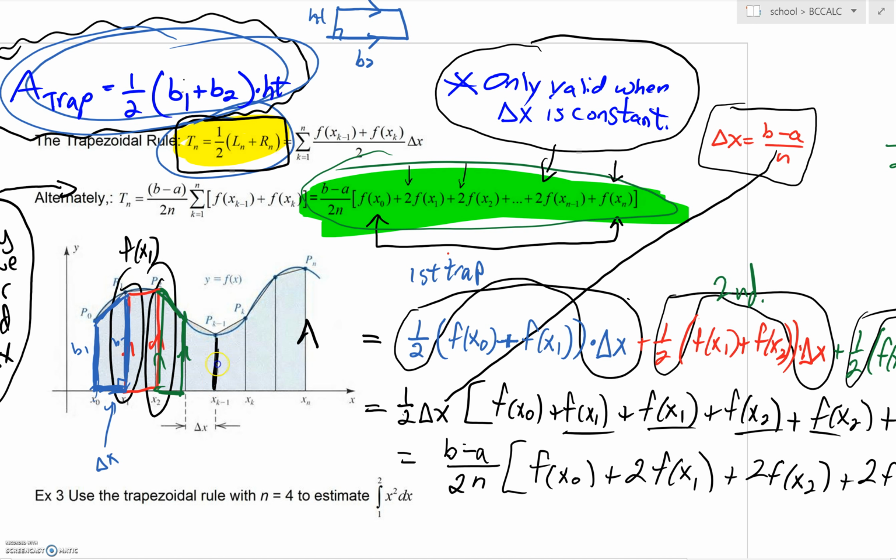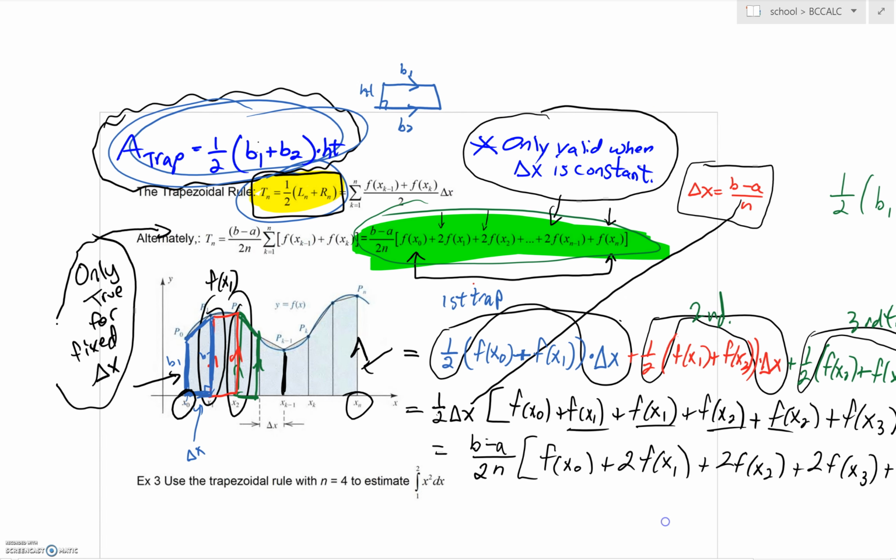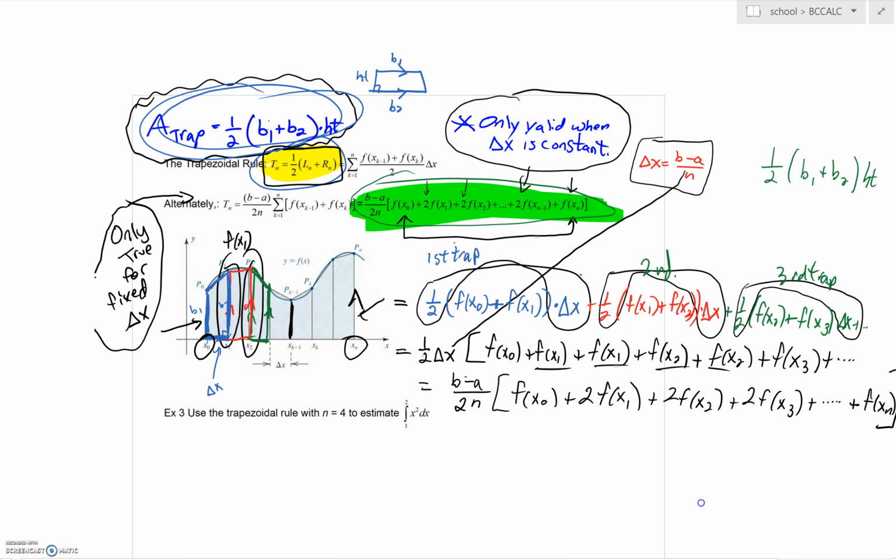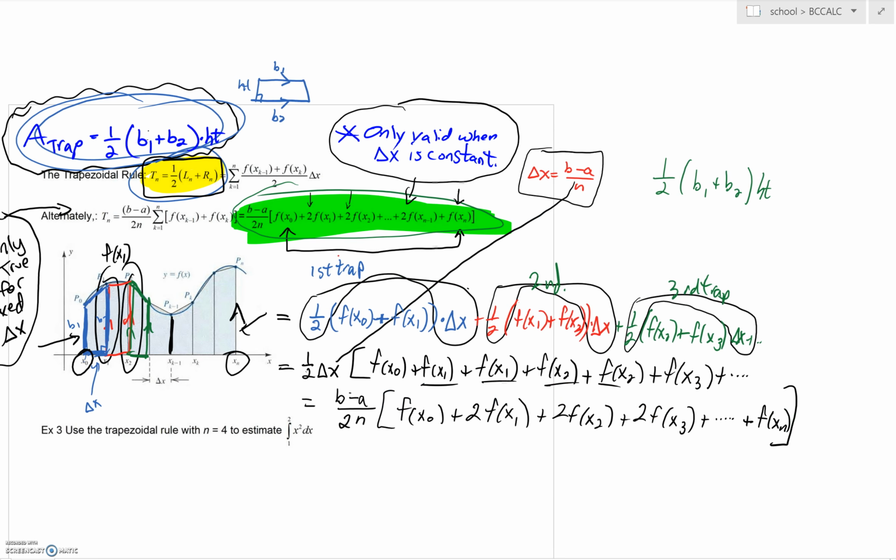Just like any base here, it's going to be a base for 2 trapezoids, with the exception of your first base and your last base. So that's really what we're getting at, your f of x sub 0 and your f of x sub n. So this is more or less a proof as to what is happening.